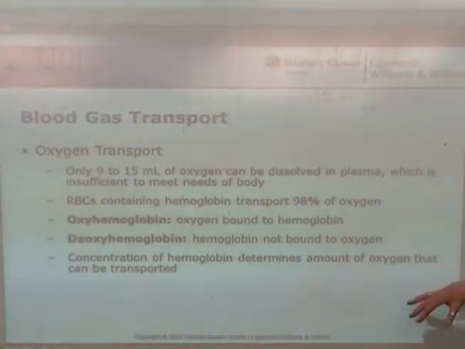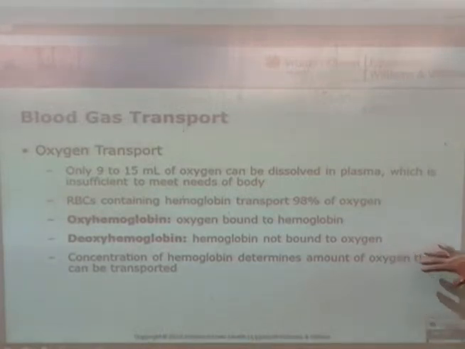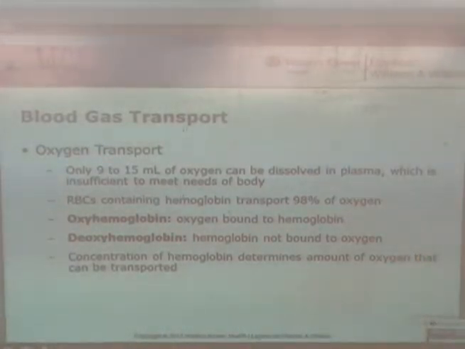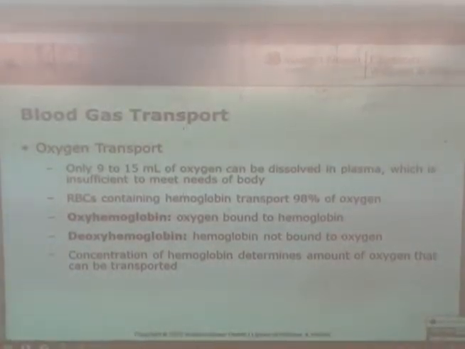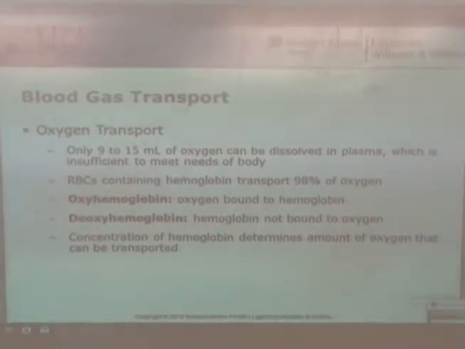If we think of it that way, then the concentration of hemoglobin that is available determines how much oxygen can be moved around the body. So having very little hemoglobin, or having hemoglobin that isn't working correctly because it doesn't have an iron in it, impacts that oxygen transport.